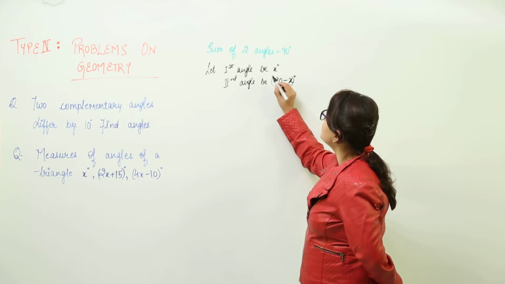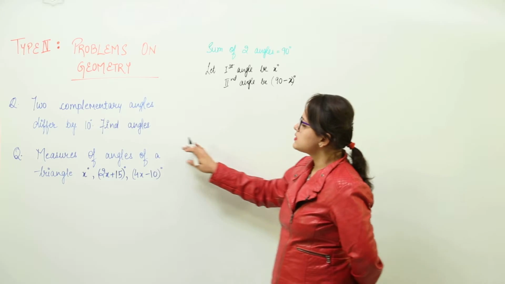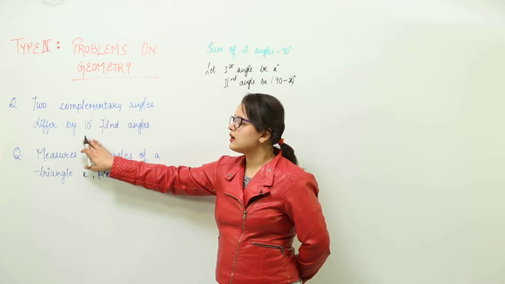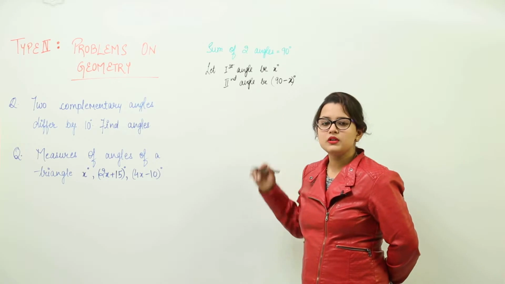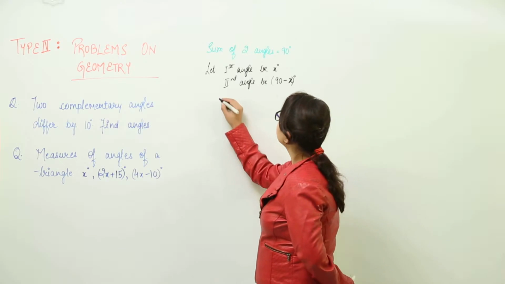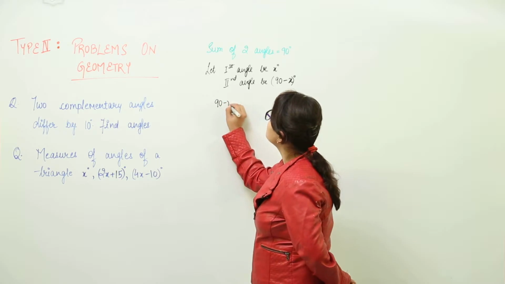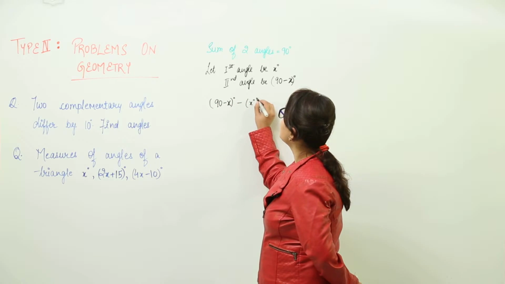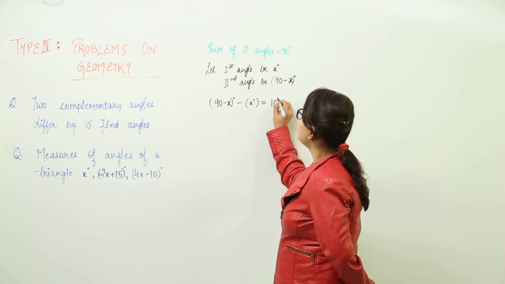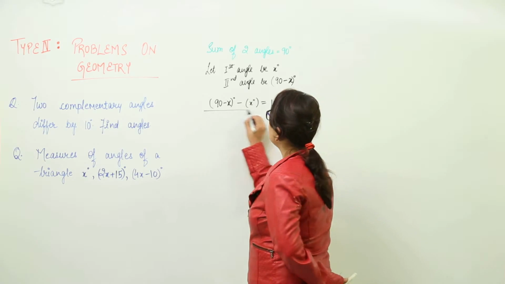So we have both the angles now. What is the question telling us? That they differ by 10 degrees. You can assume any of them to be greater, so I am assuming 90 minus x to be greater. I subtract the smaller angle from the larger angle, giving us 10 degrees. So this is our linear equation.